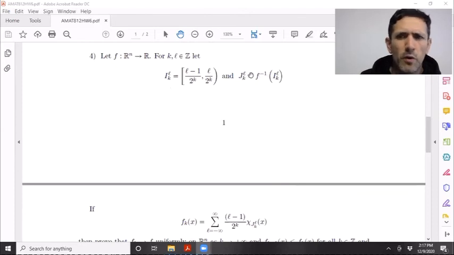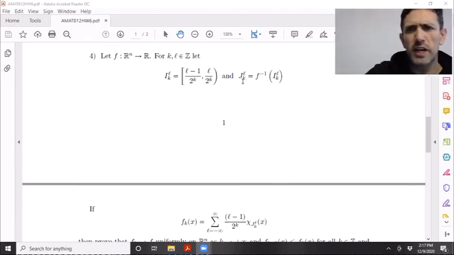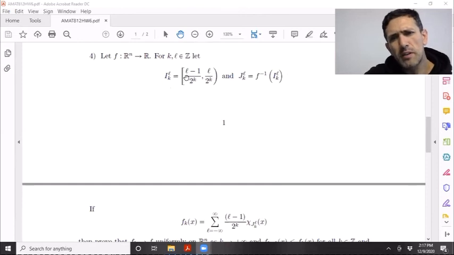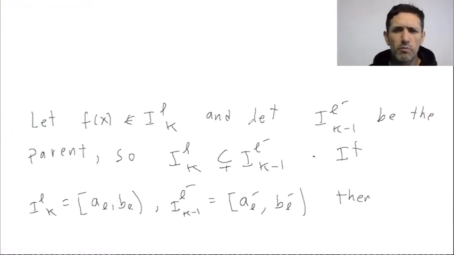Like we've seen before, if x is in J_L^k, then f of x is in this interval, and that means fk of x is the left endpoint of this interval, which is (L minus 1) over 2 to the k. So with this in mind, now we can easily figure out what's what.